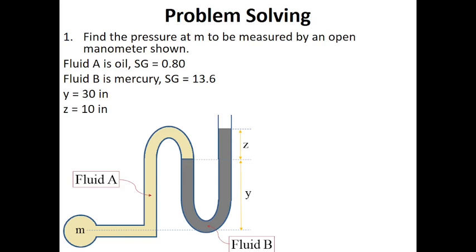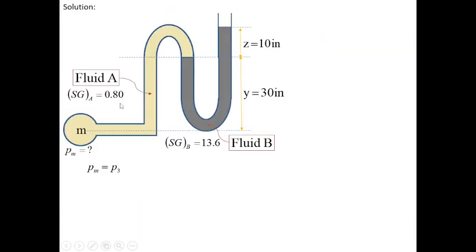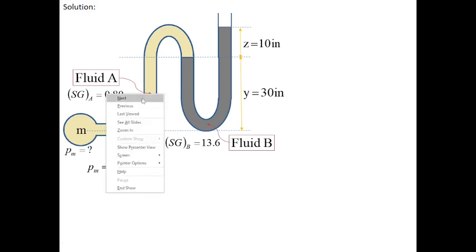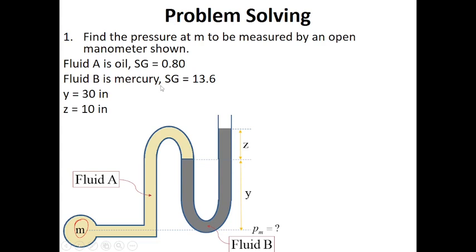So here's a problem. Find the pressure at M to be measured by an open manometer shown. This is our manometer and we are to determine the pressure at M. Fluid A is oil, having a specific gravity of 0.80.